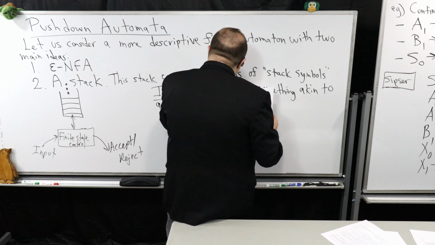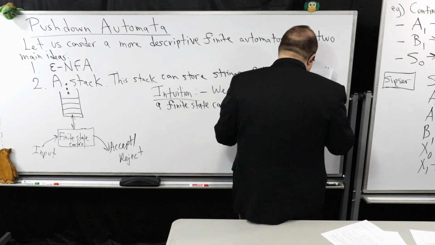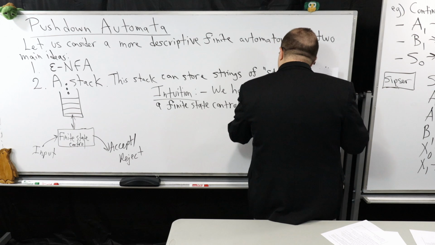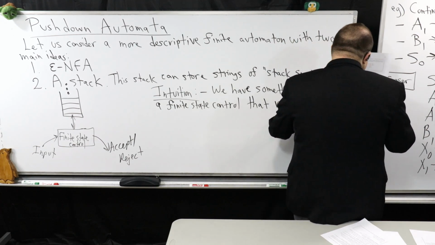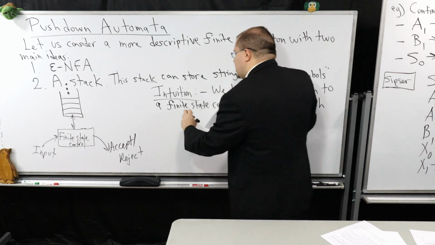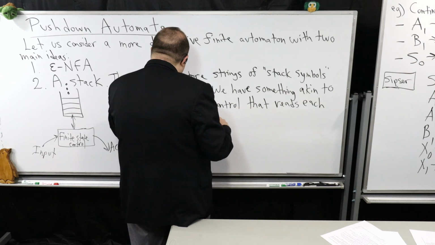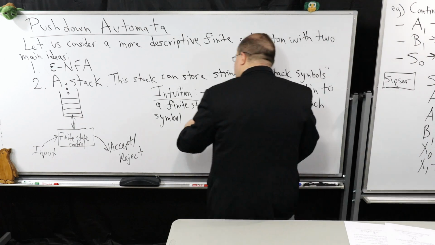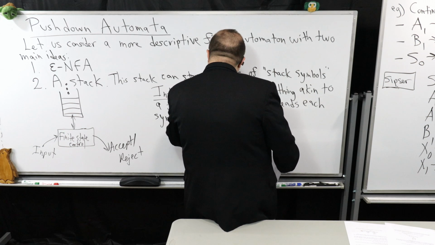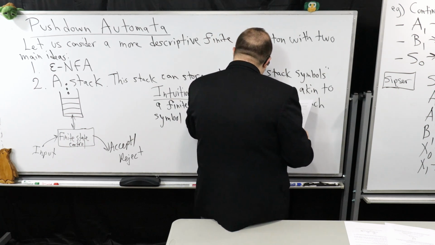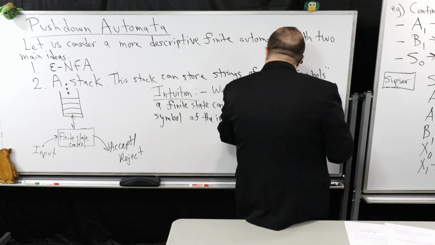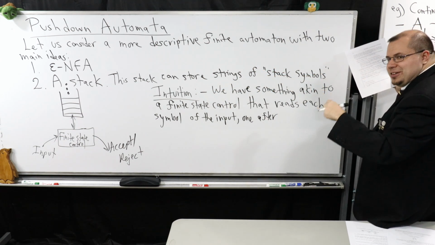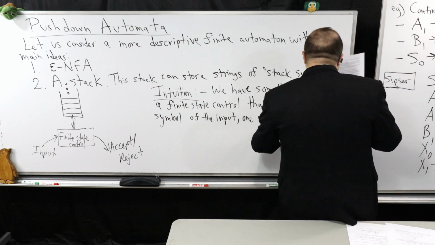A finite state control that reads each symbol of the input, one after the other. So this isn't too much different, right? Remember, we always read the symbols left to right, and then we did some transitioning, right? One after the other.